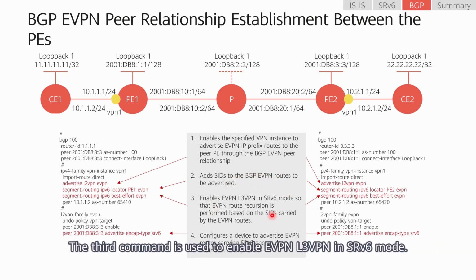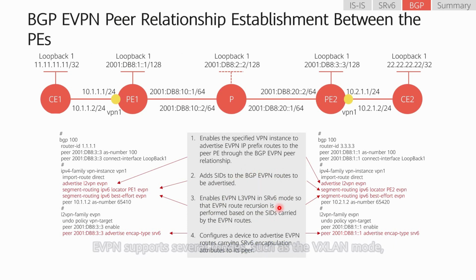The third command is used to enable EVPN L3 VPN in SRv6 mode. EVPN supports several modes, such as the VXLAN mode, but we'll use the SRv6 mode in this example. After EVPN L3 VPN in SRv6 mode is enabled, EVPN route recursion is performed based on the seeds carried by the EVPN routes.